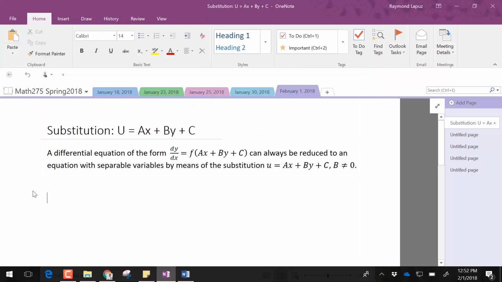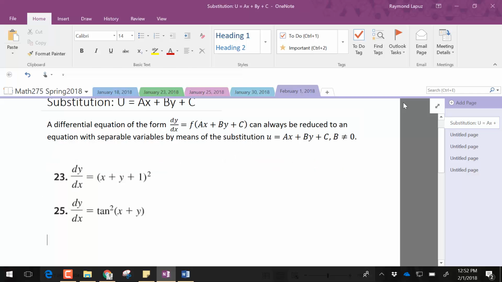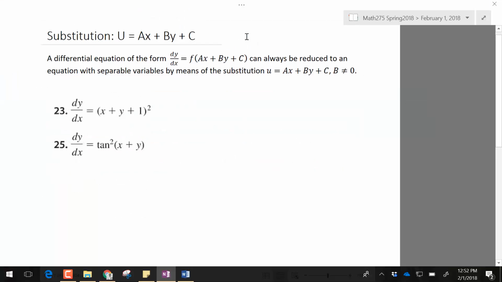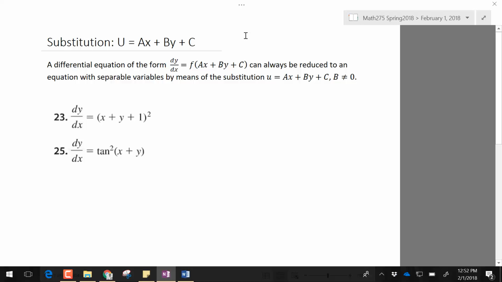Let's take a look at a couple of problems. Not that we need to identify f, but you can see what f should equal in these cases. F of whatever is just going to be the squaring function, and the thing inside of the squaring function is ax plus by plus c, where a, b, and c are all equal to 1.